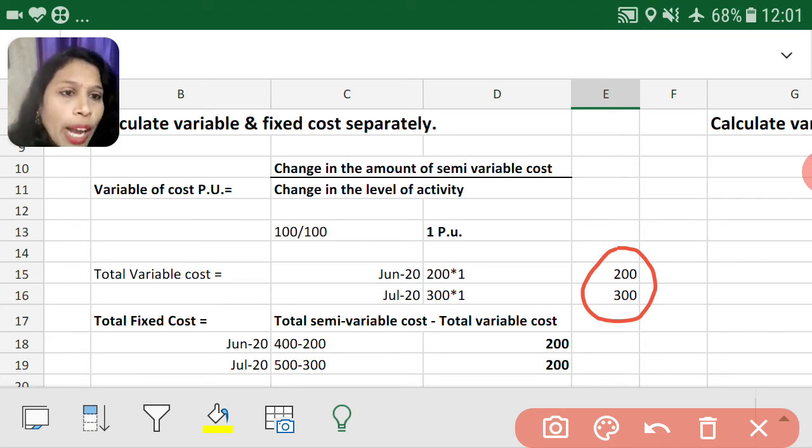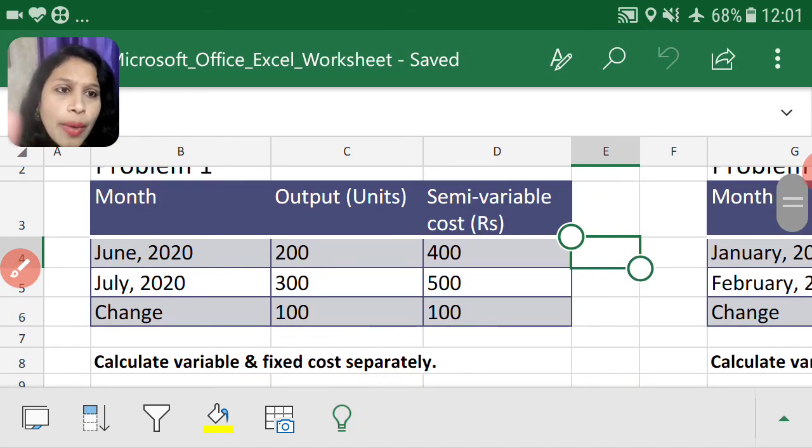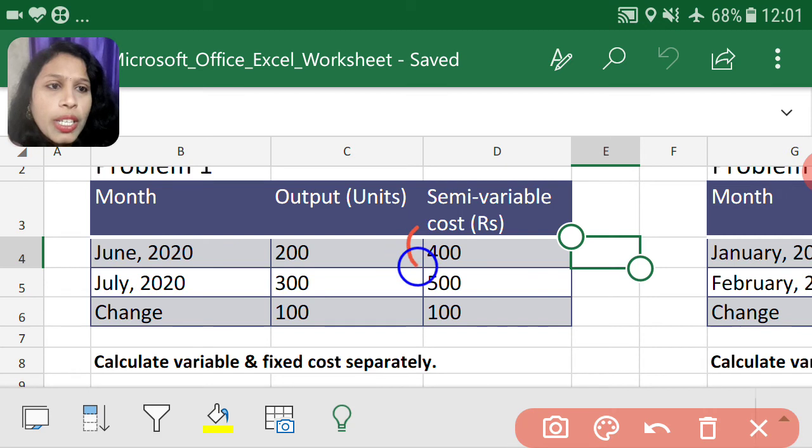So we have to calculate the total fixed cost, which is equal to total semi variable cost minus total variable cost. The total semi variable cost we already have: for June it is 400, and for July it is 500.